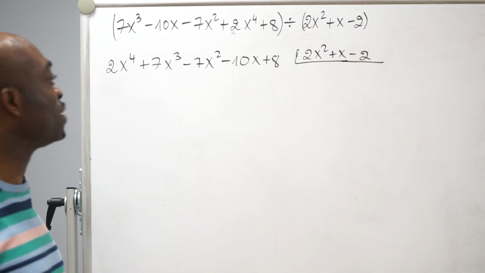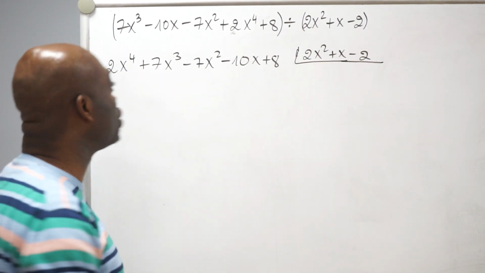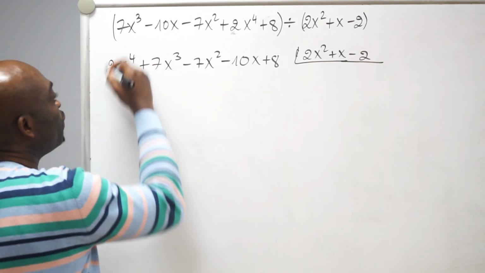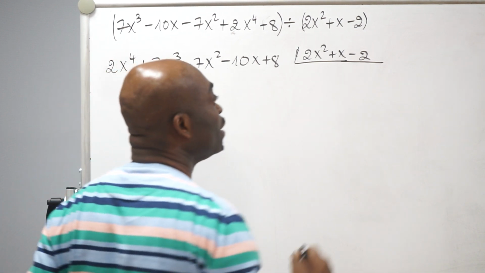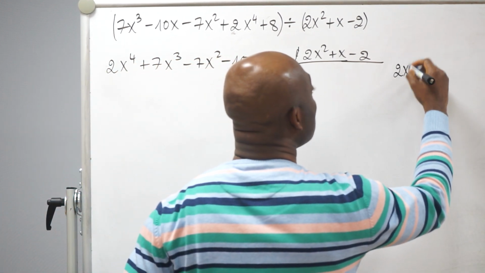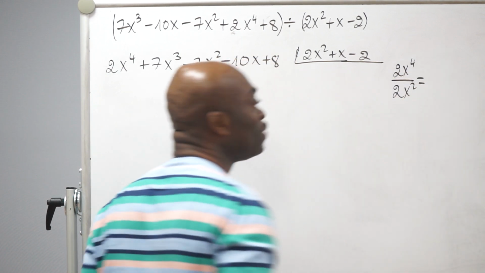So very quickly, this is what we're dealing with. As usual, this is the dividend, this is the divisor, so you take the first term of the dividend divided by the first term of the divisor, okay? So 2x to the fourth divided by 2x to the second. What would that give us?